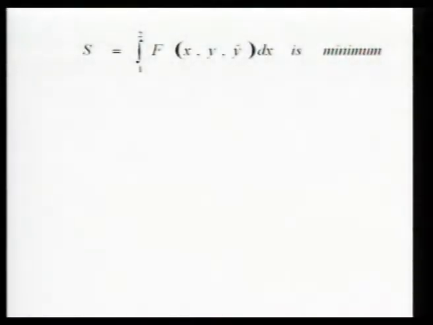In the previous lecture, we had discussed the problem. The problem was to find y as a function of x, such that if f is a known function of x, y, and y dot, then the integral between two endpoints, S equals the integral from 1 to 2 of f(x, y, y dot) dx, is minimum.